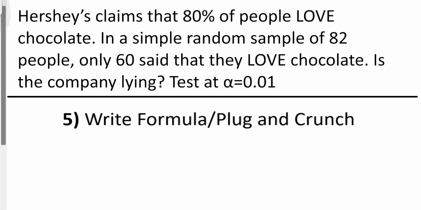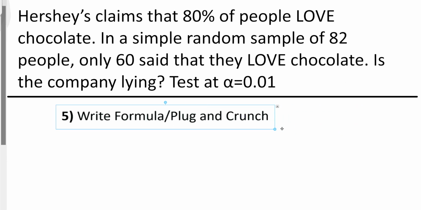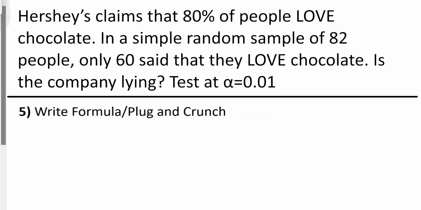Okay, so step 5 is write the formula, plug in, and crunch the numbers. Now our formula is going to be to get a z-value so that we can get a p-value. So our z-score, our test statistic, is equal to p hat minus p, as written before, divided by the square root of pq over n.